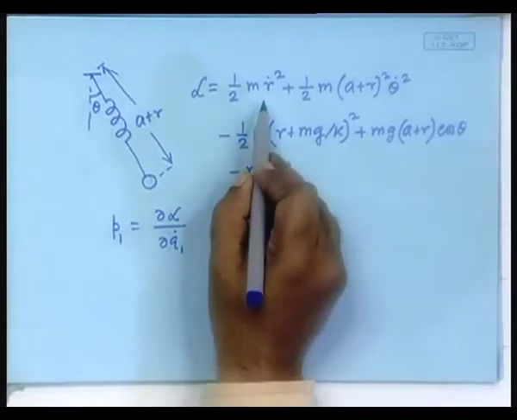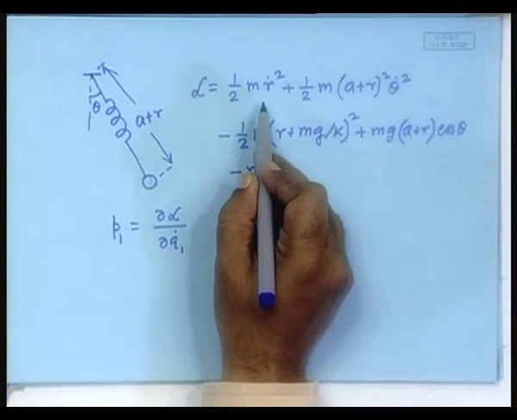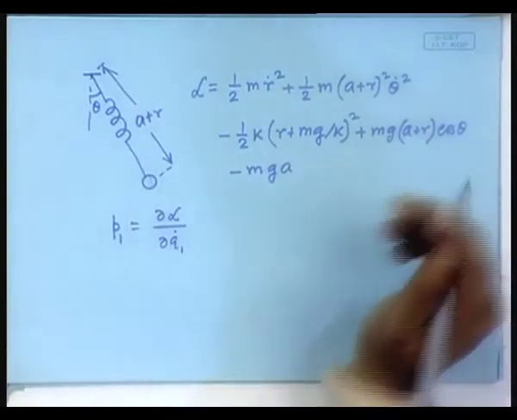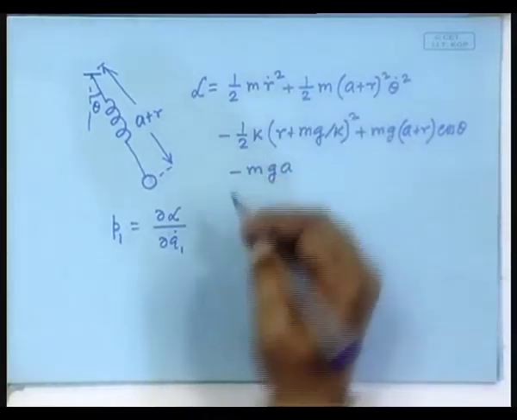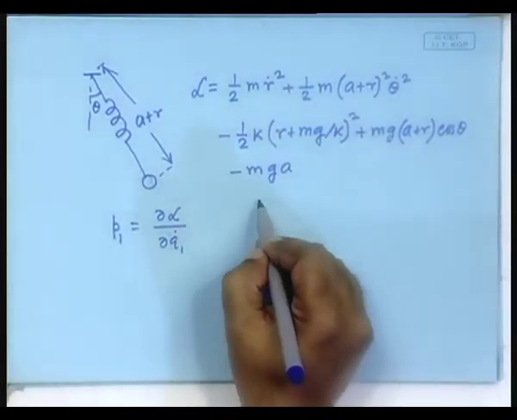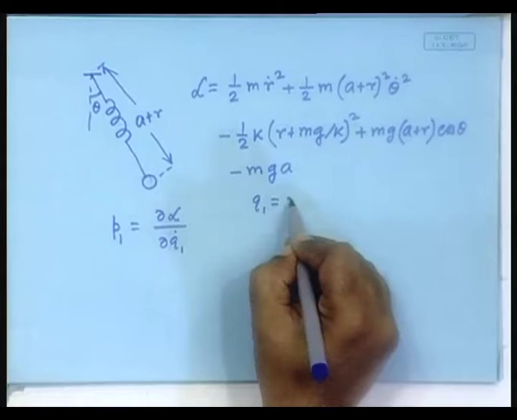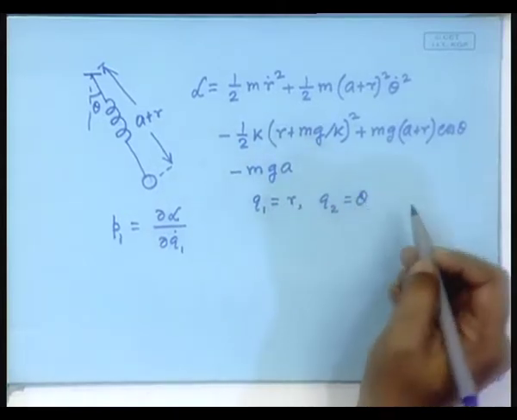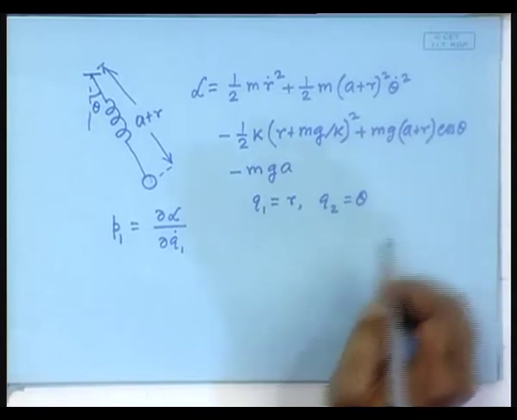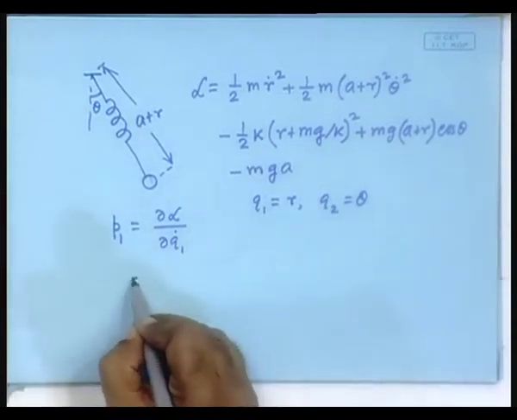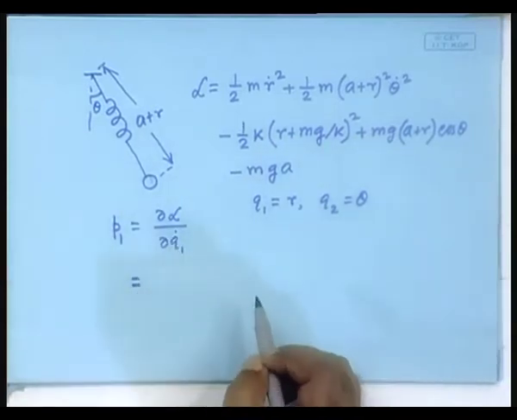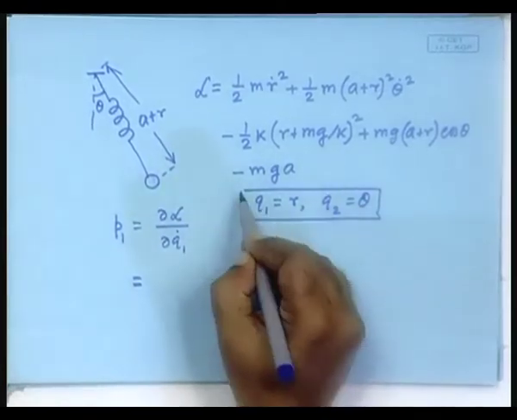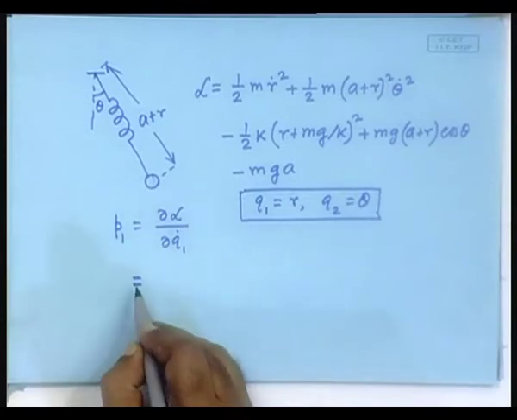It will be convenient for us, in order to proceed, to say Q 1 is equal to R and Q 2 is equal to theta. Let us write things in terms of Q 1 and Q 2.